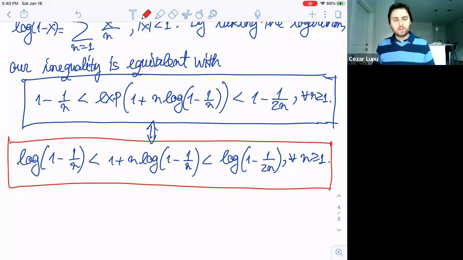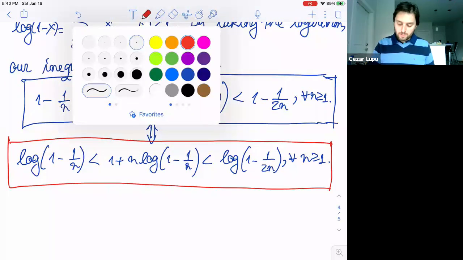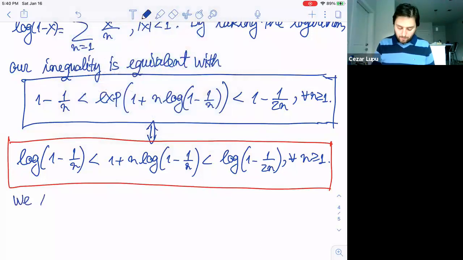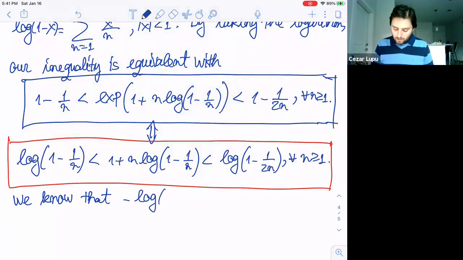And now, as you can see, I have this log here, the log of 1 minus 1 over n and log of 1 minus 1 over 2n. So maybe we could use, so we know that from the Taylor series expansion of the log, we know that log of 1 minus x is negative this sum for x less than 1.